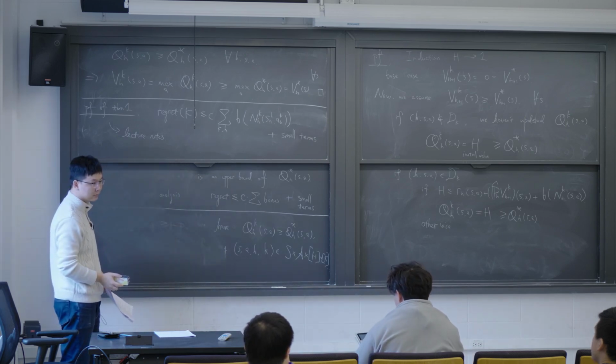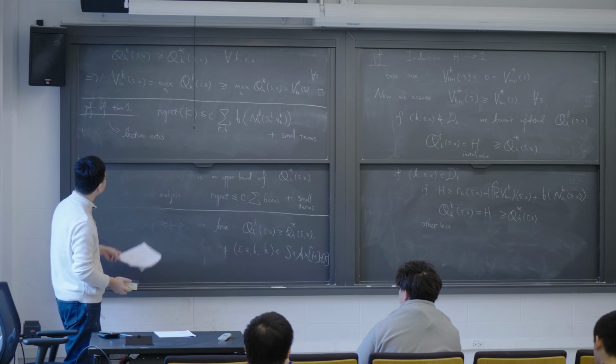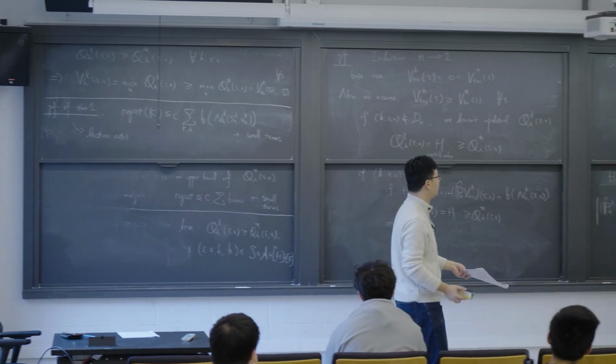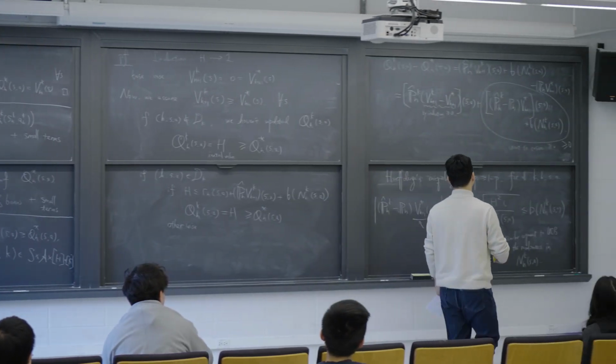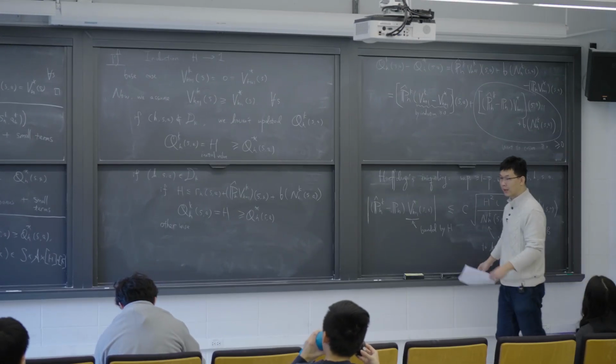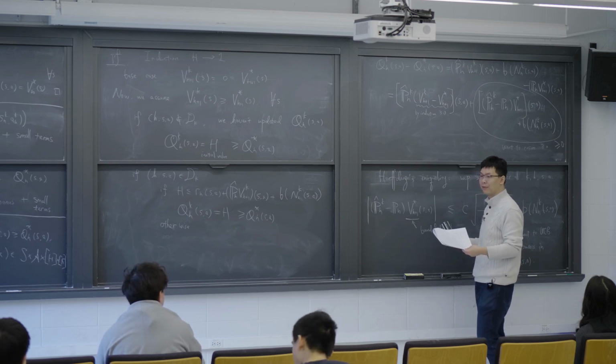Question: Q^k upper bounding Q star, how does that relate to upper bounding the bonus? In lemma 1, we just proved that Q^k is upper bounding Q star. I'm saying for lemma 1, we can actually choose the bonus to be very large.